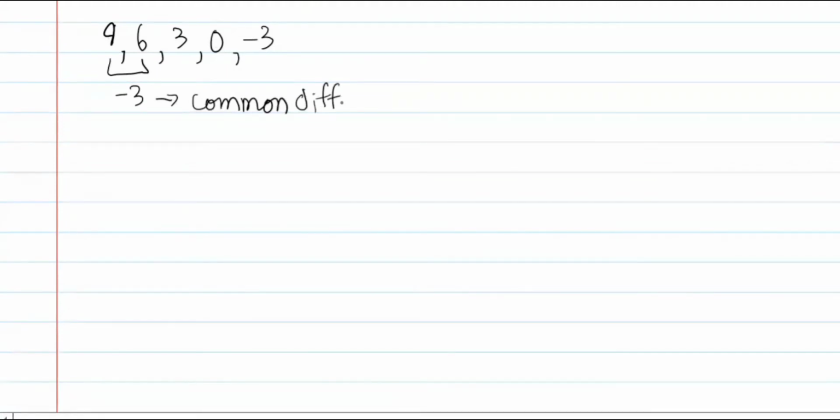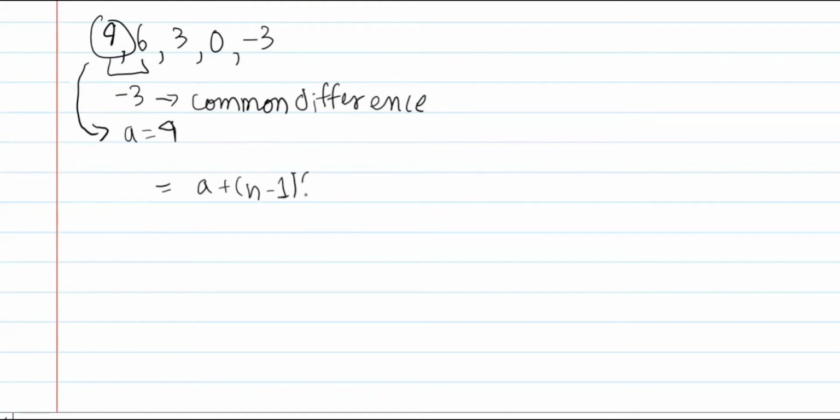What about our first term? Our first term is 9 because our series begins with 9. So a is equal to 9. Now let's use this in the formula. A plus n minus 1 multiplied by d. A is 9 plus n minus 1 multiplied by d. So the sign is important.